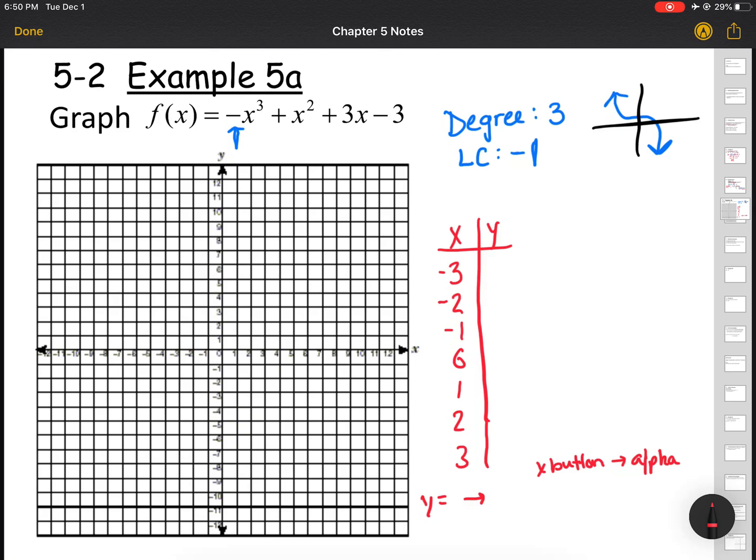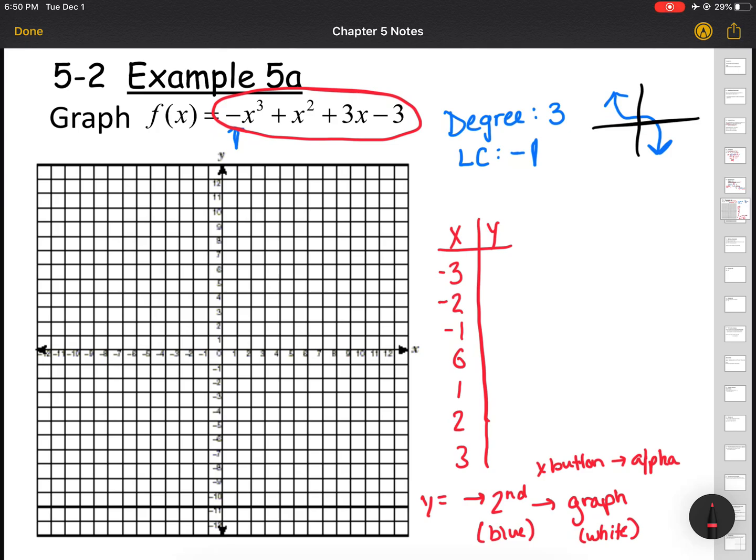So you hit y equals, type in this whole polynomial function up top here. Then you hit second, which is the blue button, and then graph, which is the top right white button. That'll pull up that table of values for you.